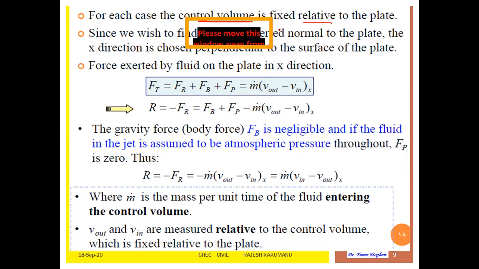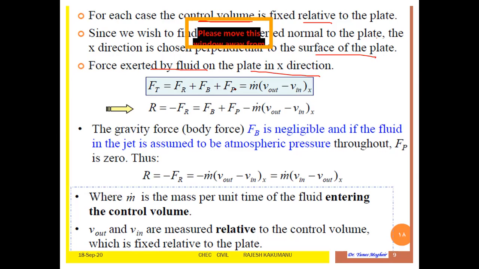Since we wish to find the force exerted normal to the plate, the x direction is chosen perpendicular to the surface of the plate. Now the force exerted by the fluid on the plate in the x direction is given as Fx = Fr + Fb + Fp, right?